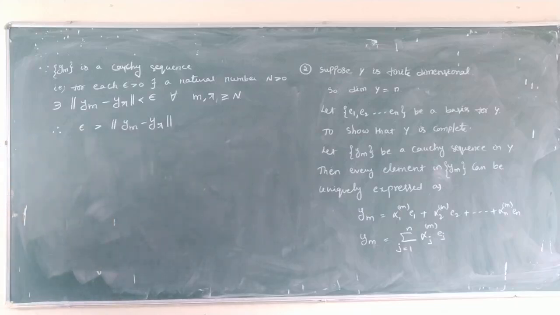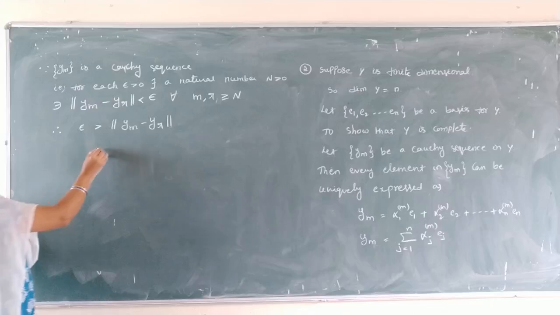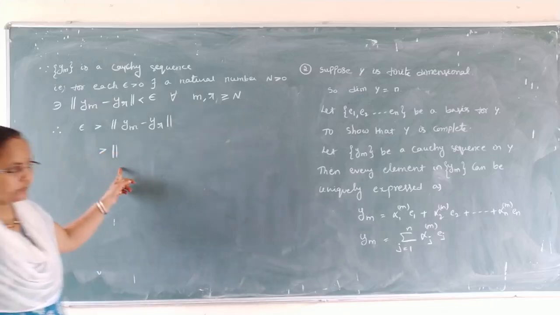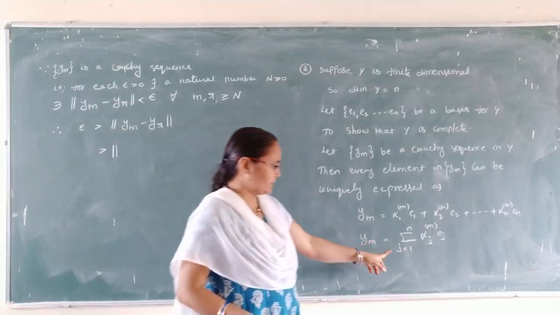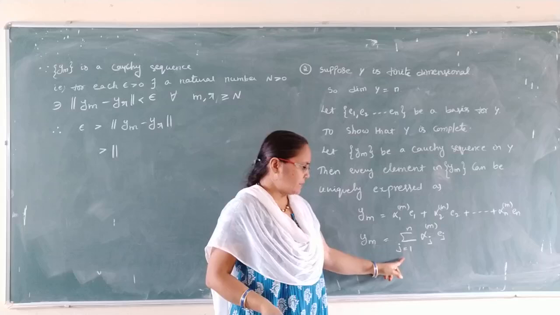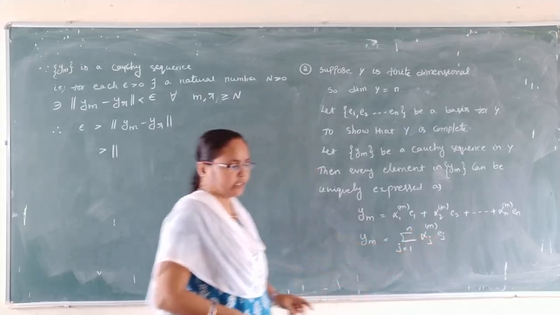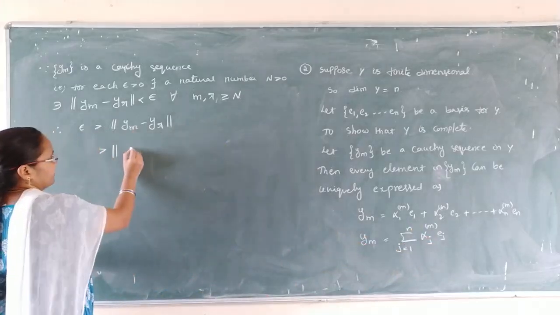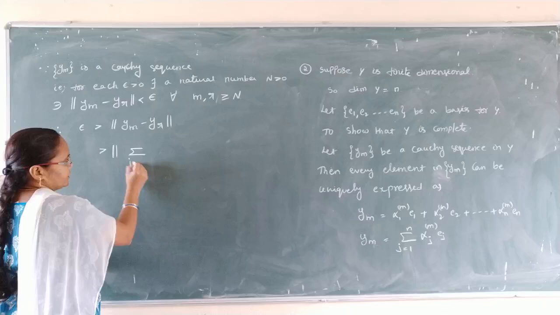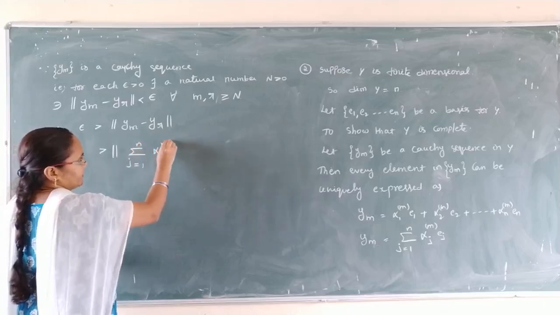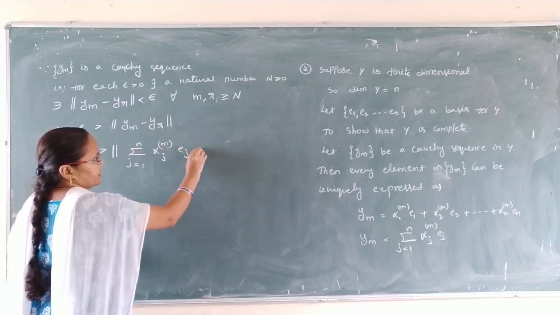In our next line we have to substitute, in place of ym, its value in terms of the summation. What is ym? Summation j equals 1 to n of alpha jm ej.